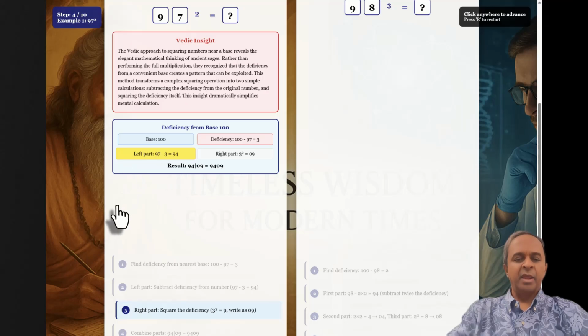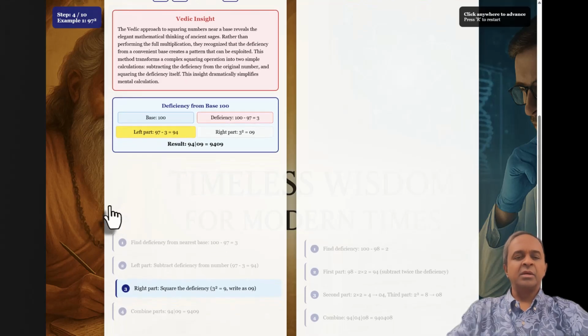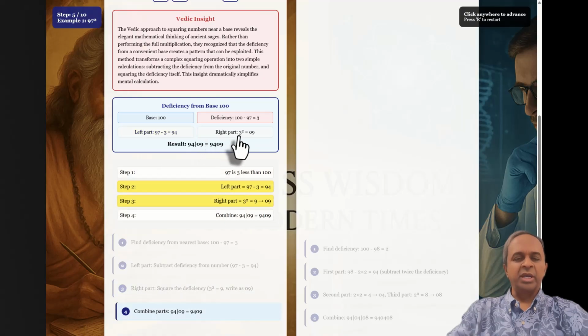The right part is you take that deficiency of 3 and square it, which is 09. So what is the result? You put the left part and next to it the right part, 94 and 09. So the result is 9,409.